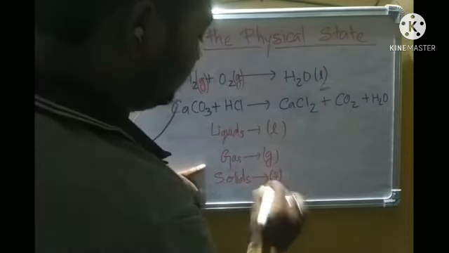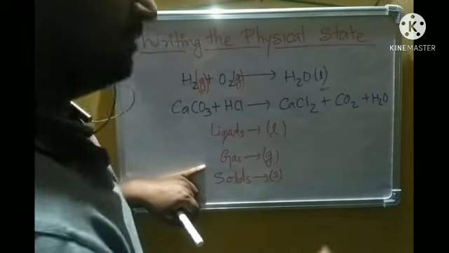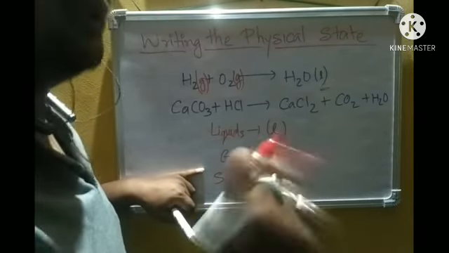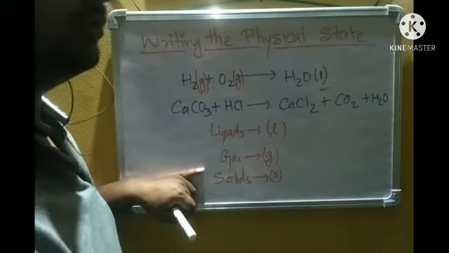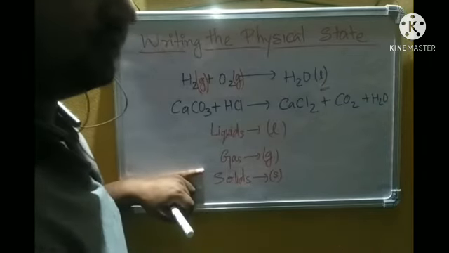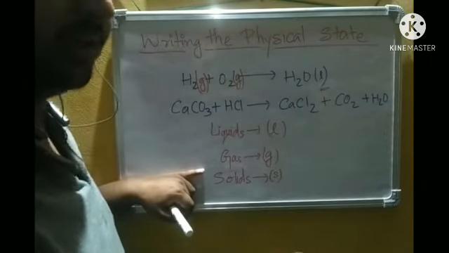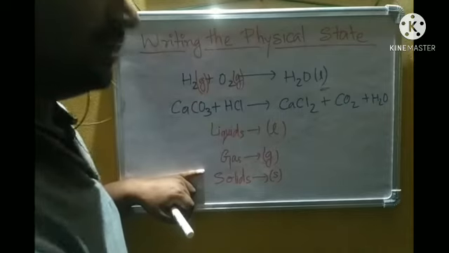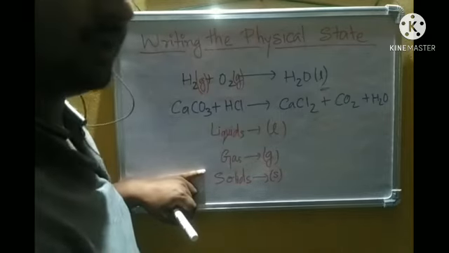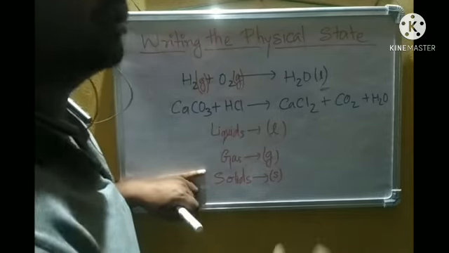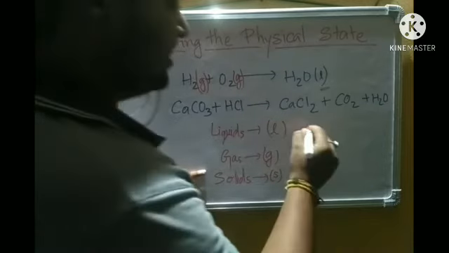solids by S, and if any of the compounds is dissolved in water, that is, before doing the reaction we dissolve the compound in water and then use it, then we write the physical state of that particular compound or chemical species as aqueous.